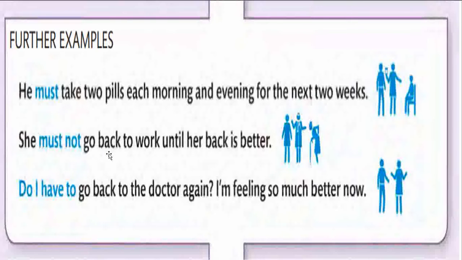She must not go back to work until her back is better. This is something that someone should avoid doing. Do I have to? Now, this is a question. Do I have to go back to the doctor again? So that means this shows not a necessity to do something.